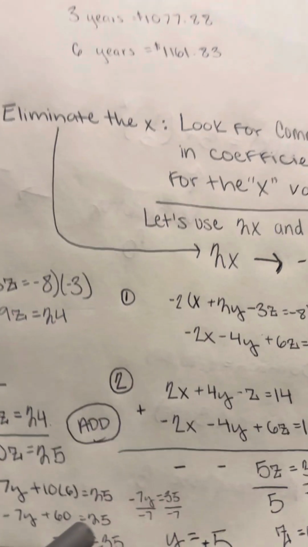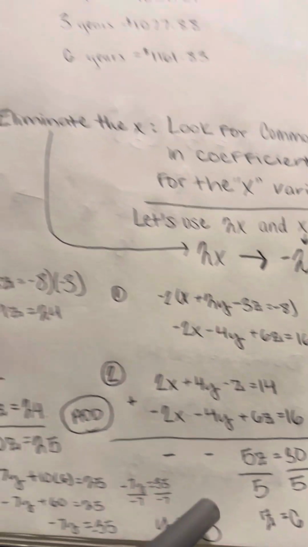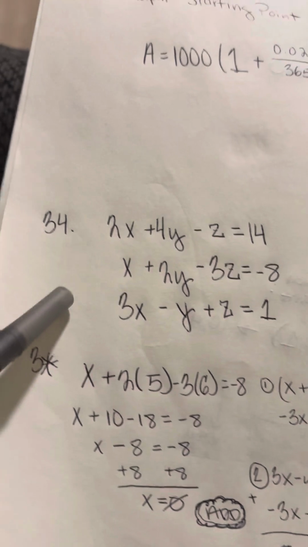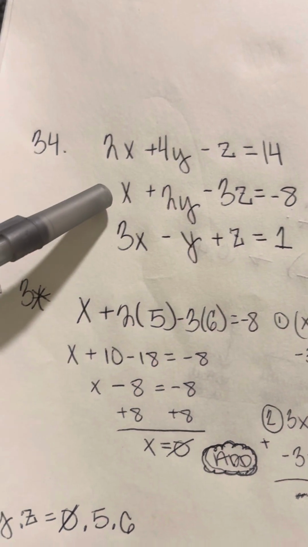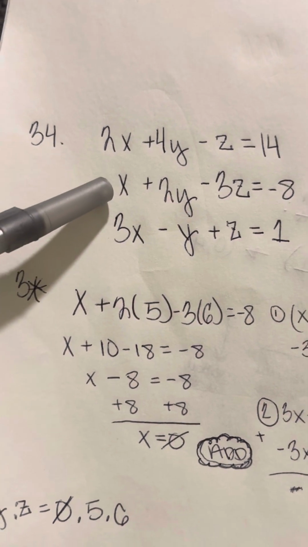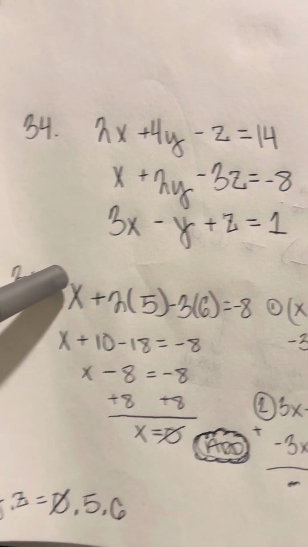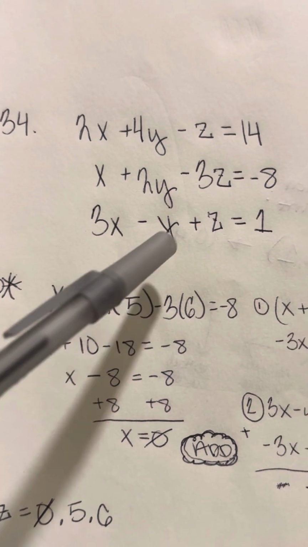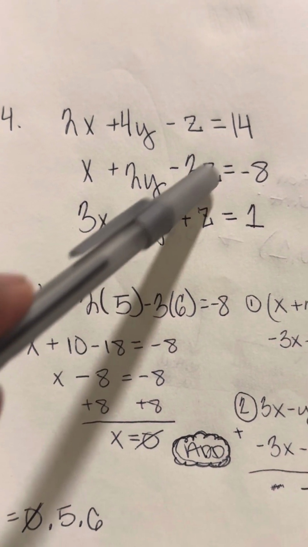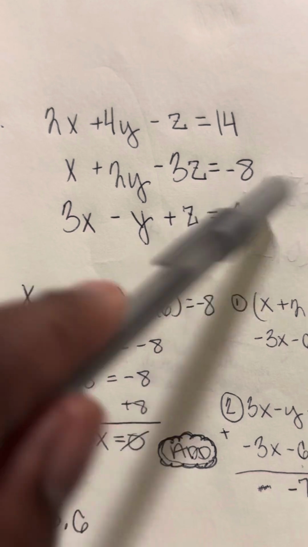Well, now we know what y is and what z is. So what we're going to do is take y and z, which is 5 and 6, and substitute them into our middle equation. All right, so we're going to say x, because we don't know what x is yet, plus 2, instead of putting y, we're going to put 5, minus 3, and instead of putting z, we're going to put 6, equals negative 8.